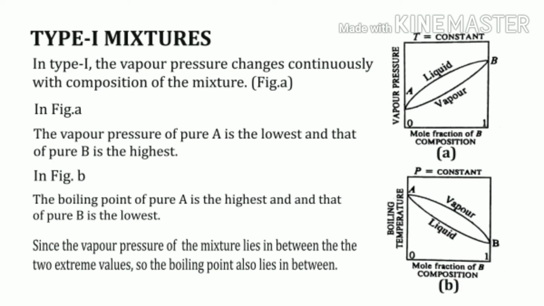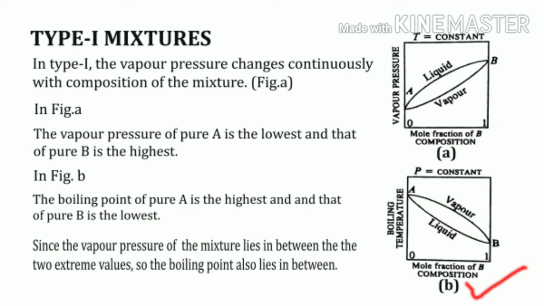So since the vapor pressure of the mixture lies in between the two extreme values, the boiling point also lies in between. So this figure A is the vapor pressure composition curve and this one is the temperature composition curve.